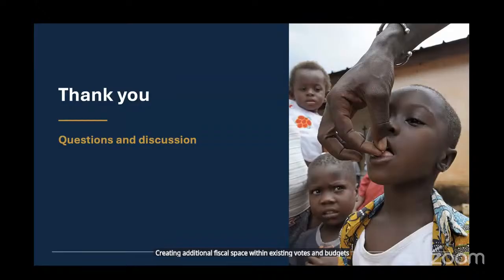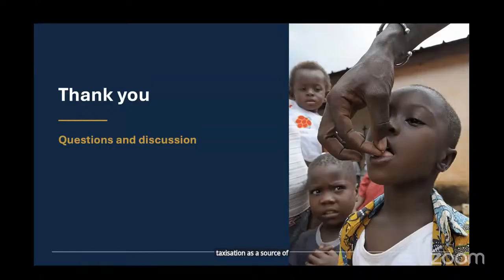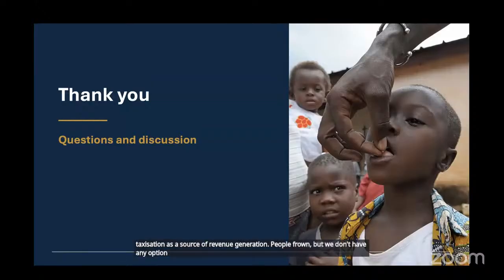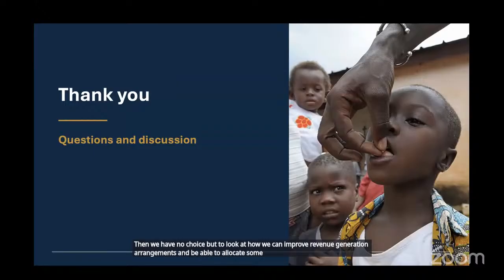Usual suspects, I mean, these days when you mention taxation as a source of revenue generation, people frown, but we don't have any option. If we want to look within and wean ourselves from donor funding that is usually unsustainable and unpredictable, then we have no choice but to improve our revenue generation arrangements and allocate some of this money to these disease conditions.